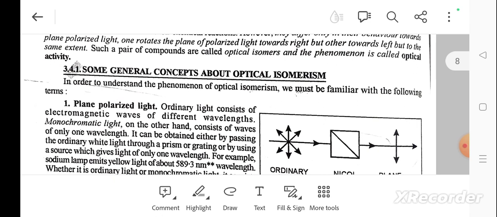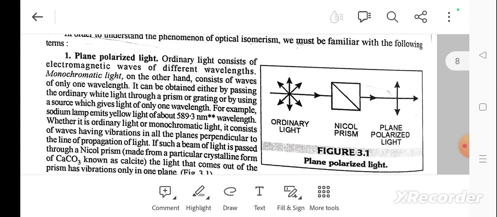Some general concepts about optical isomers. In order to understand the phenomenon of optical isomerism, we must be familiar with the following terms. Plane polarized light. Ordinary light consists of electromagnetic waves of different wavelengths.